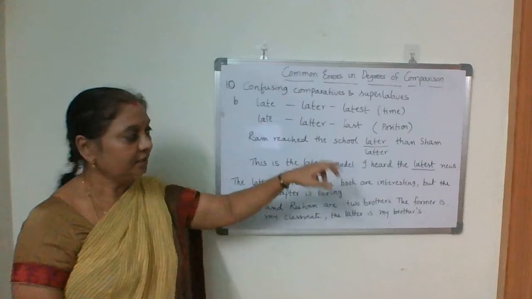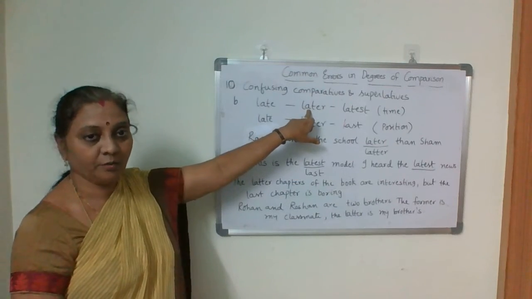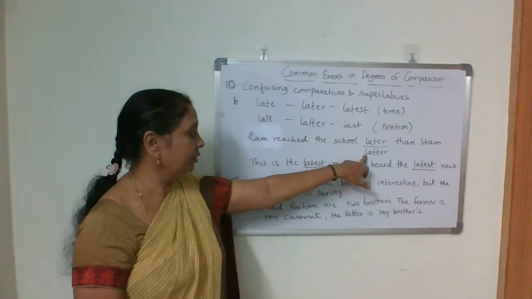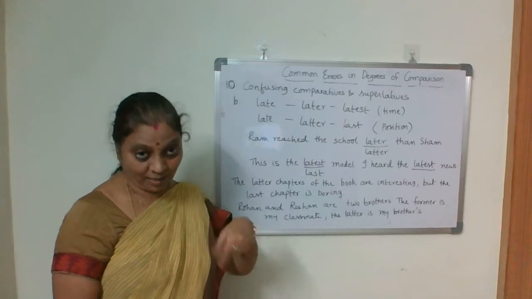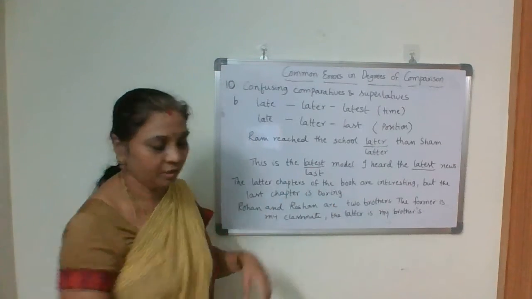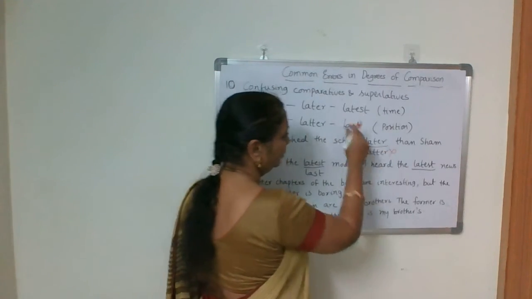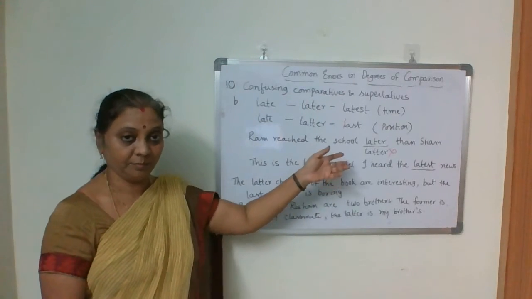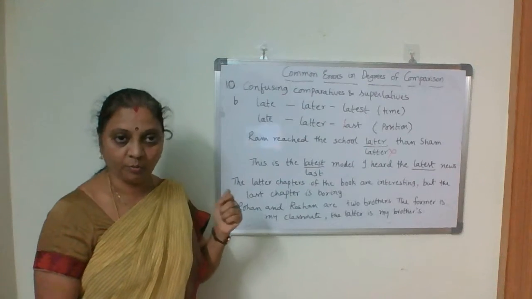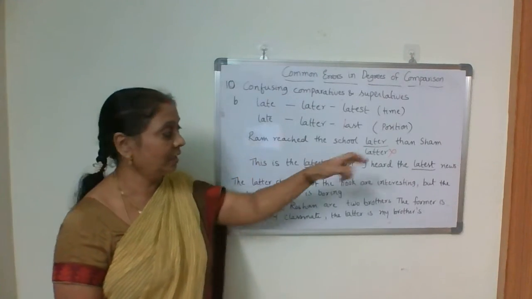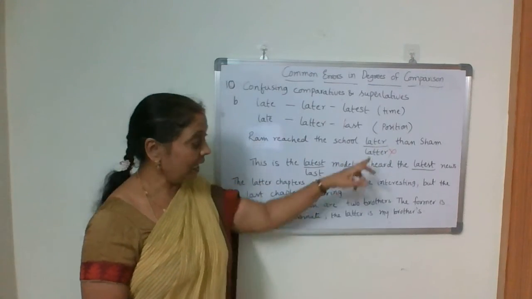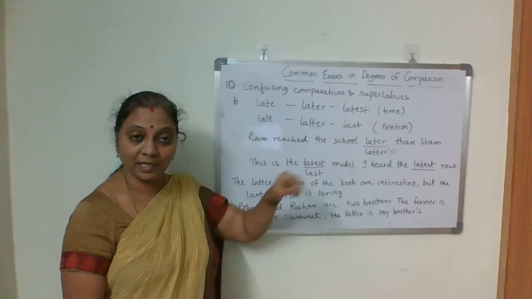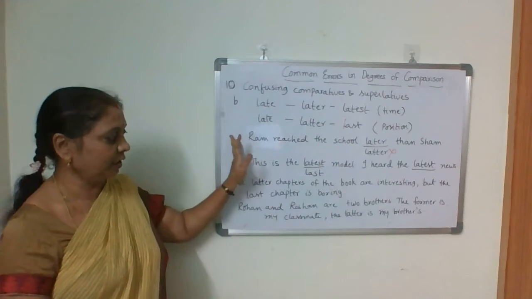Okay, later. First one, later, you have to use. Here you should not use latter. Ram reached the school later than Sham. So that is wrong. You have to use the first one because it is talking about time, delay. Some delay is there for reaching the school. So, Ram reached the school later than Sham. Later, not latter. Okay, that first one.